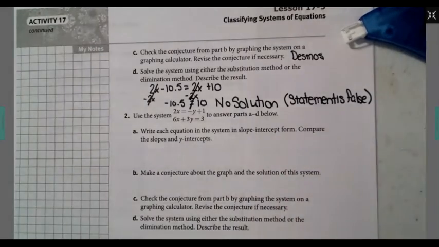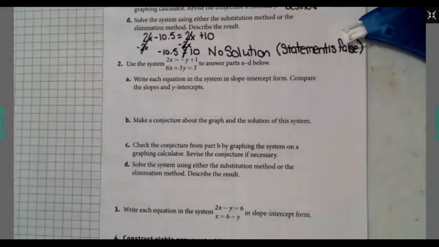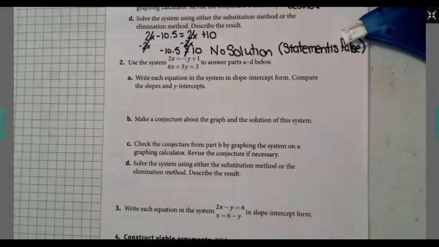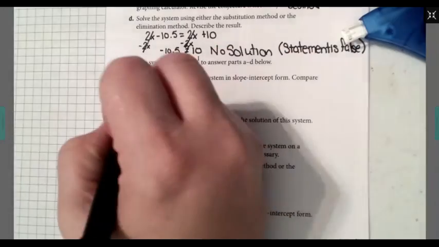All right, let's take a look at number 2. Use the system 2x equals negative y plus 1 and 6x plus 3y equals 3 to answer parts A through D below. Write each equation in the system in slope-intercept form and compare your slopes and y-intercepts. All right.